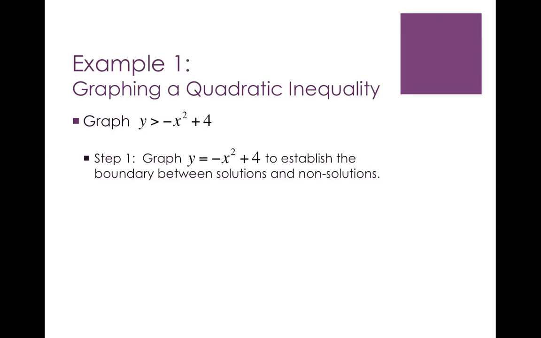This will establish the boundary between the solutions and the non-solutions. In this case, our boundary is going to be a parabola instead of a straight line. And to get that parabola, we simply follow the same steps that we used in objectives 2.1 and 2.2.